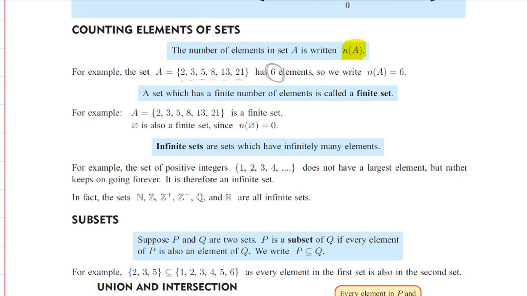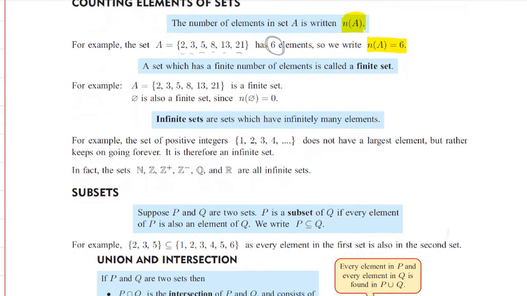And so therefore the number of elements in set A is equal to 6. This is a finite set, meaning it ends. You can have infinite sets, which means they go on forever.